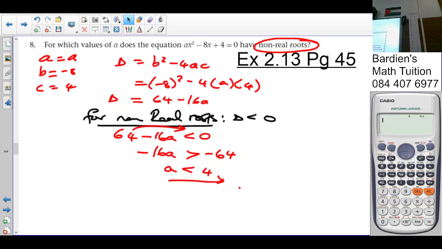Nature of Roots is chapter 8, exercise 8 on page 36. What did I say? 7 or 8? Yeah, nature of roots. Exercise 8.